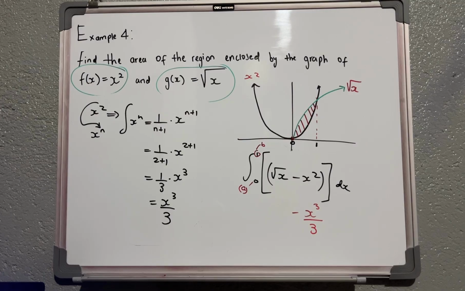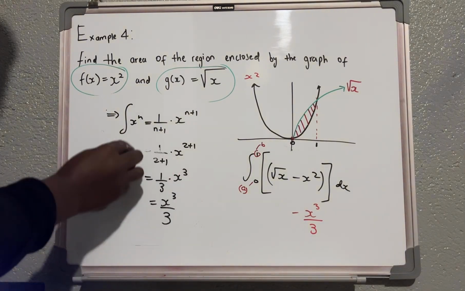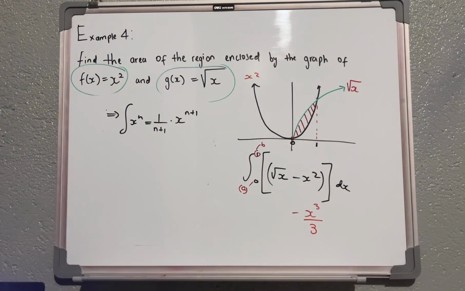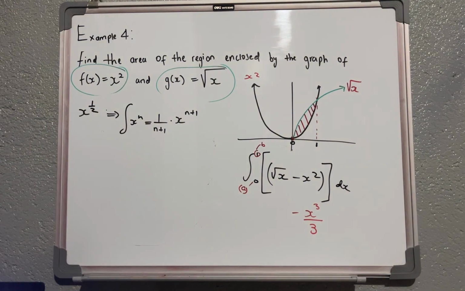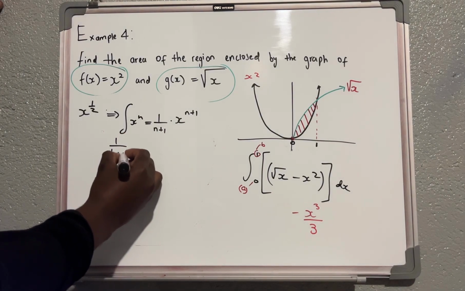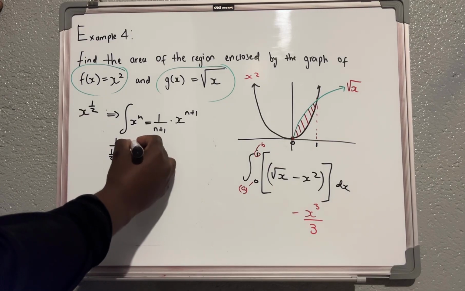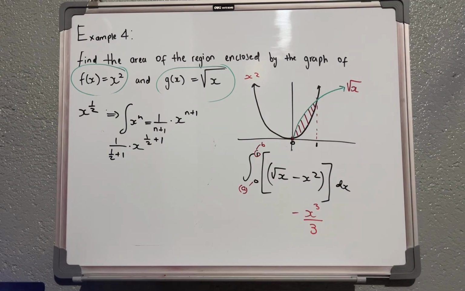Now we have to figure out the antiderivative for the root of x. We're still going to use the power rule, because remember your root of x can be written as x to the exponent 1 over 2. So in this form, we will say we have 1 over 2 plus 1, then x to the exponent 1 over 2 plus 1.